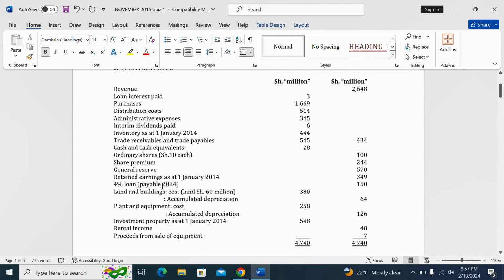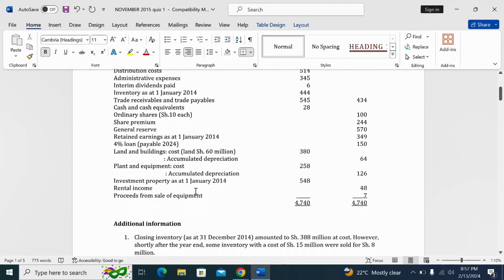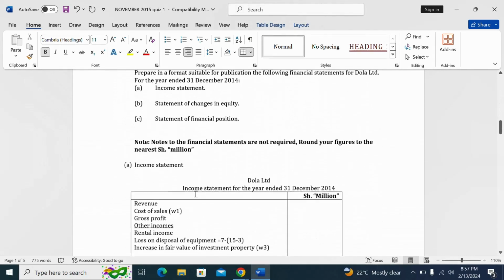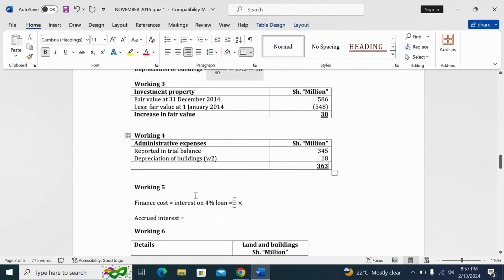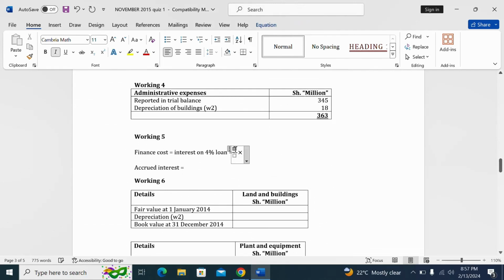The 4% loan payable in 2024 was 150 million. Therefore, the interest will be 4 over 100 multiplied by 150 million. We get the interest, or what we are calling the finance cost. 4 over 100 multiplied by 150, we are getting 6 million.